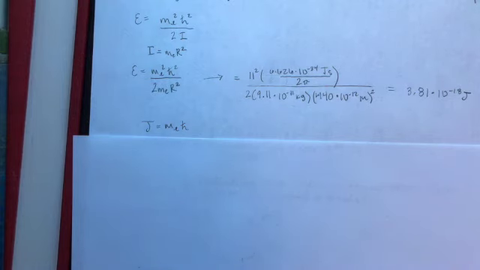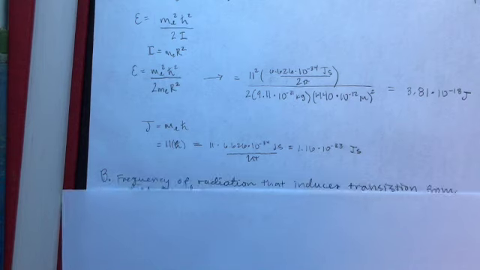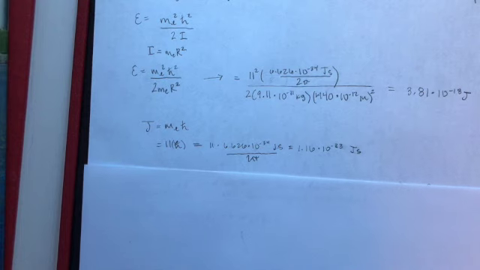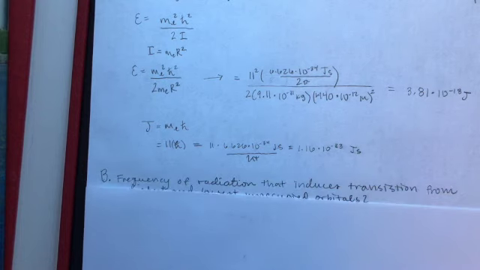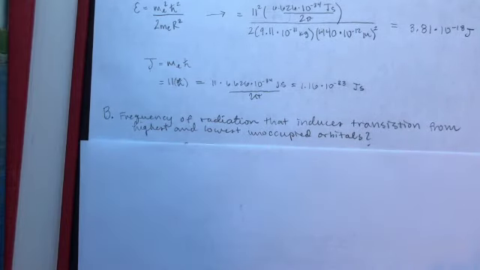So with a little bit more math, we get this simple looking equation here, which is 11, which is our m sub L, times h bar, to give 1.16 times 10 to the negative 33 joule seconds for our angular momentum. So the next part, we calculate the frequency of radiation that induces a transition from highest occupied to lowest unoccupied orbitals in porphine.